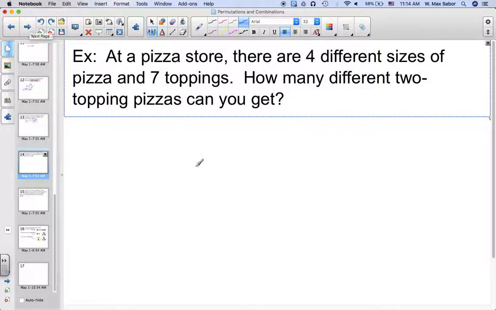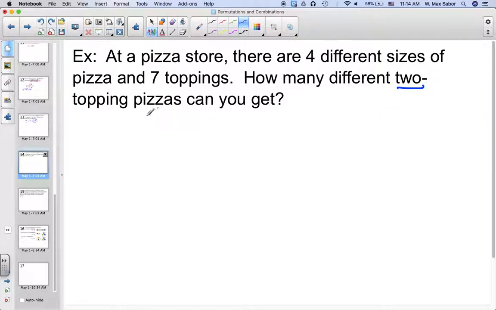Now let's say we're making 2 topping pizzas. So we're still going to multiply by 4. But for the 2 topping pizzas, we're choosing 2 of those toppings out of 7 toppings. Do we care about the first topping or the second topping? No. So I'm going to write this as 4 times 7 combinations of 2.